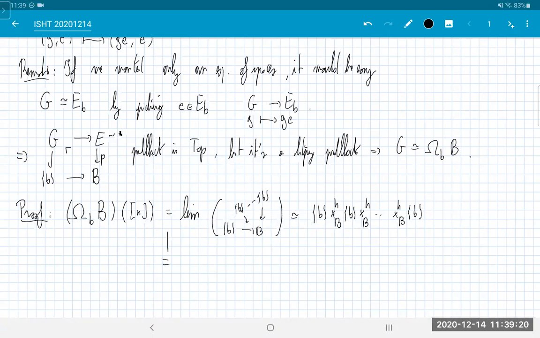And then, since E is contractible and P is a fibration, it's this simplicial space here.